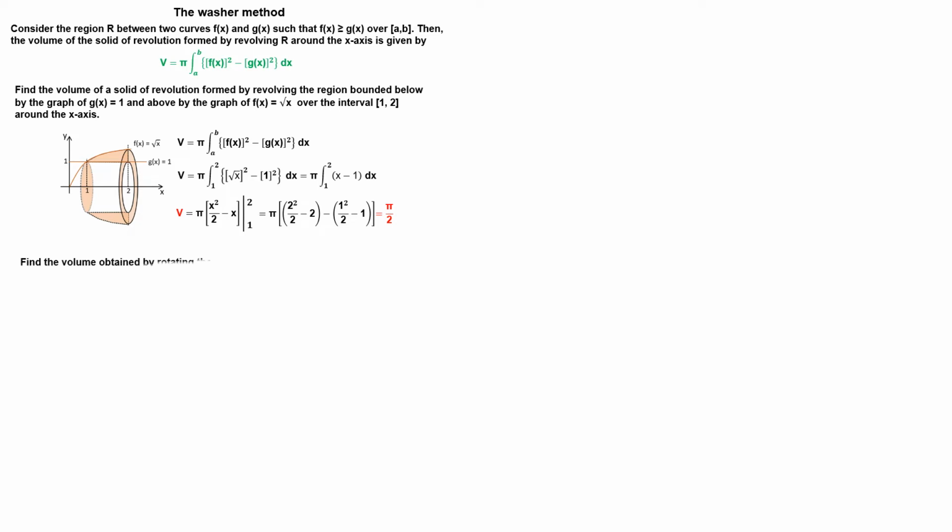Find the volume obtained by rotating the graphs of g of x and f of x around the y-axis. First, we will graph our boundary region and then we determine where the two curves intersect.